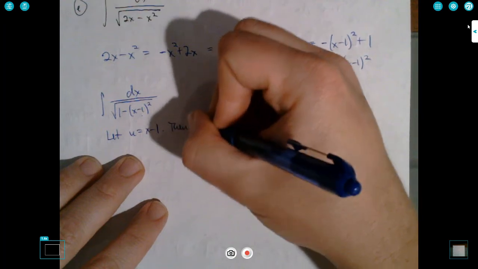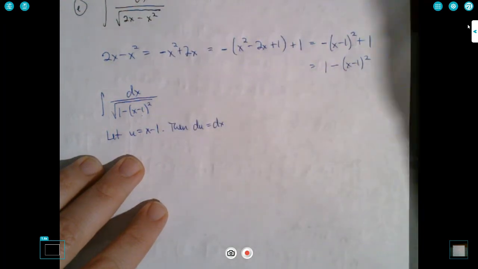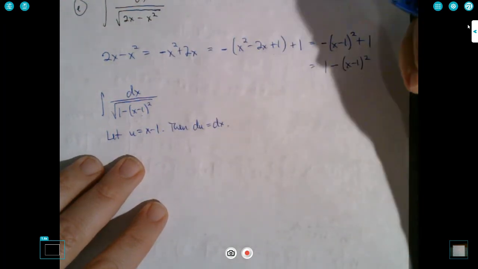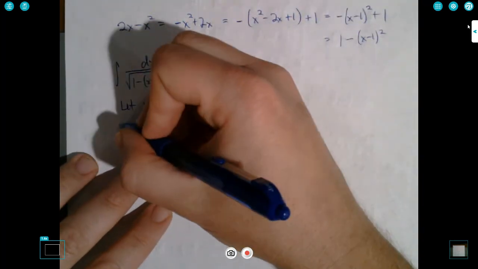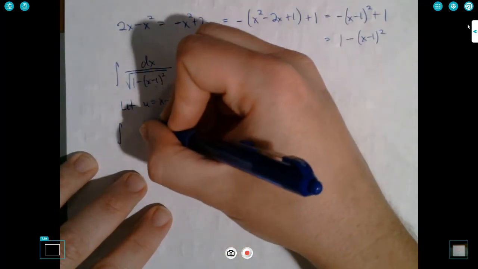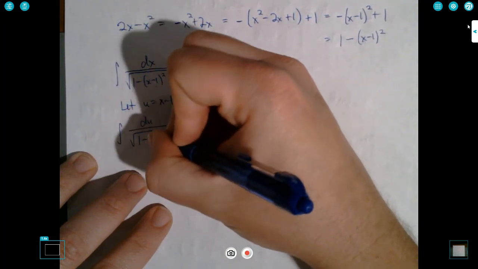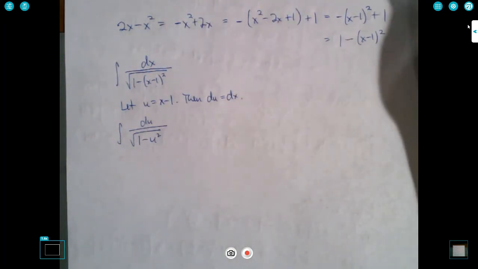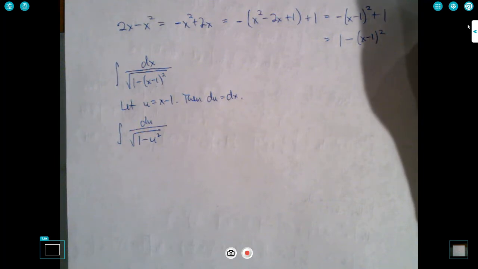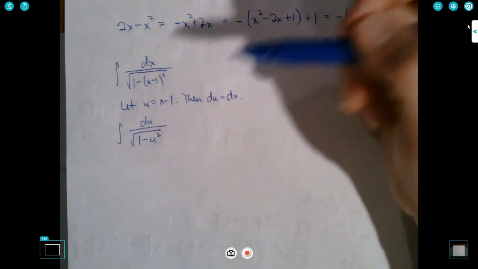Then du is just dx. And I get du over square root of 1 minus u squared, right? So there it is. Oh, and in fact, I don't even need a trig substitution here.